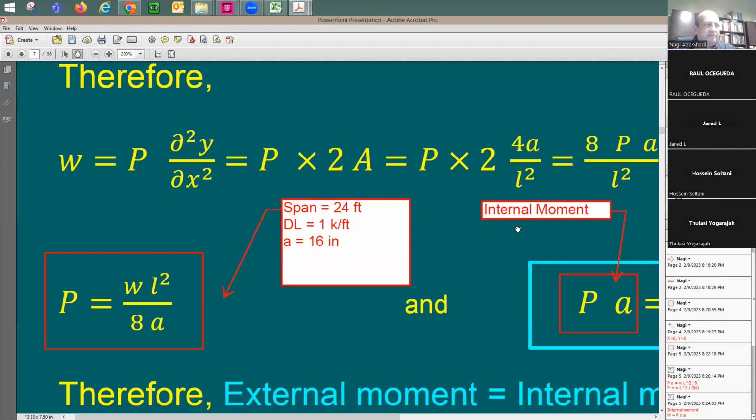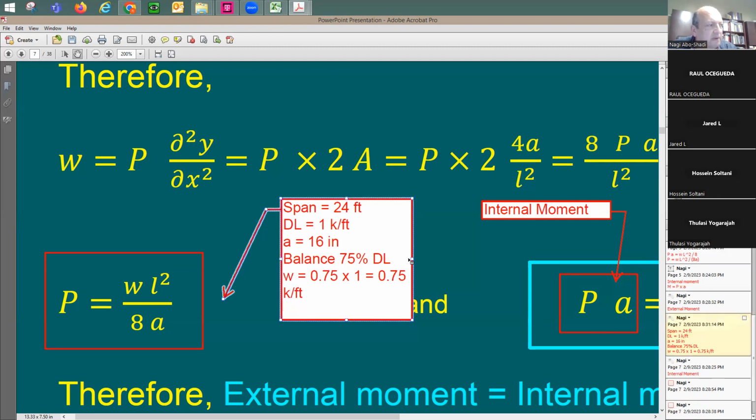Question is, someone here is telling me to balance 75% of the dead load. So this W is going to be equal to 75% of this 1 kg. So W equals 0.75 times 1 equals 0.75 kg per foot, right?